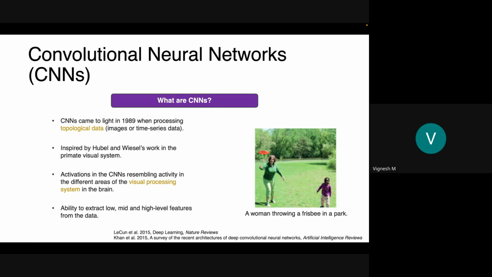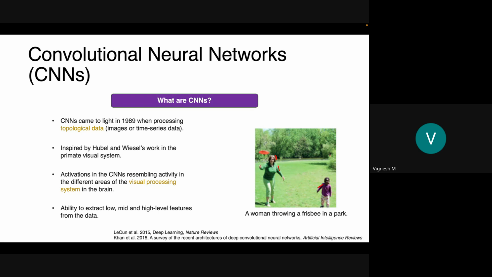Now, we discussed that in the first class, when low level features could be as simple as the lines, right? Edges, the orientations, and so on and so forth. The mid-level features might be a combination of these low-level features, like the combination of these lines to form the outline of the body or the face, and then other things.